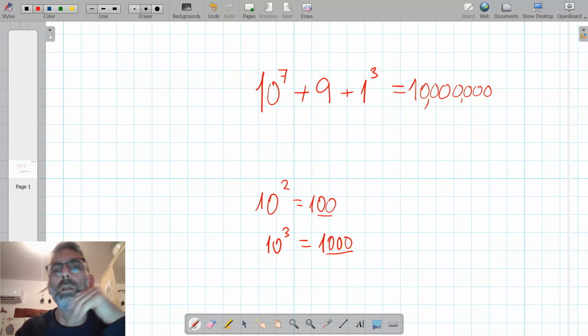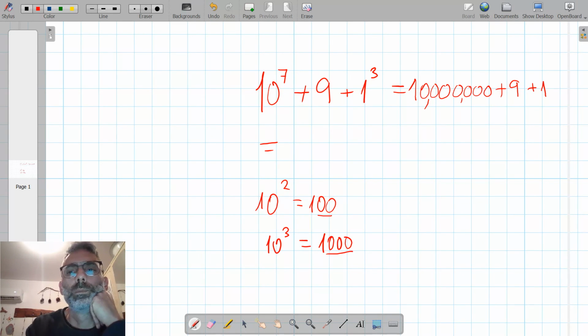Okay, plus 9. 1 to the 3rd power, 1 cubed is 1. Okay, so this equals 10,000,010.